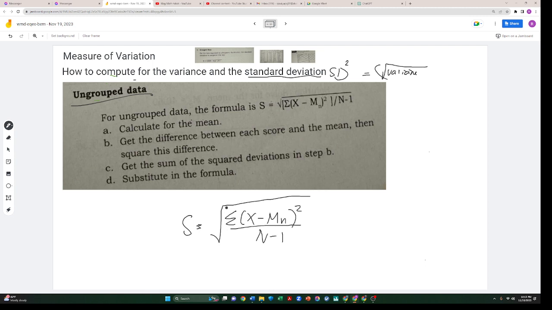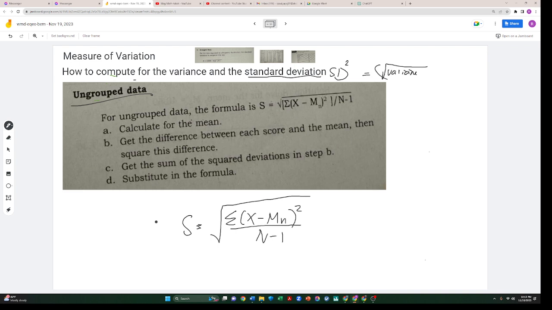Okay? That is the formula for the standard deviation of ungrouped data. So now, example number 1.